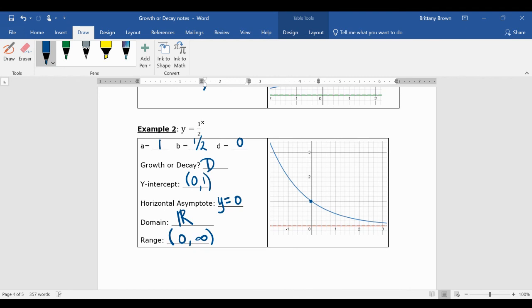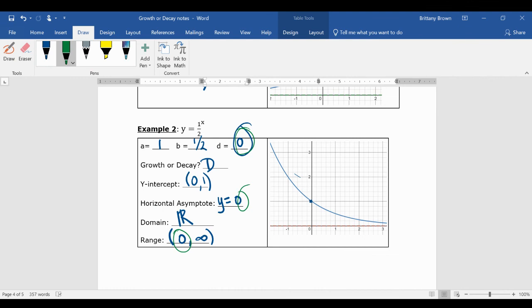But notice also that 0 shows up here, here, and here. All 3 of those are 0. The only difference is your y-intercept is a little bit different this time. So we will adjust and use that to help graph these other ones.